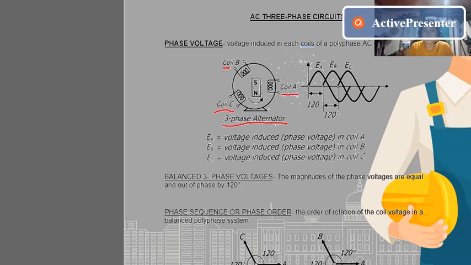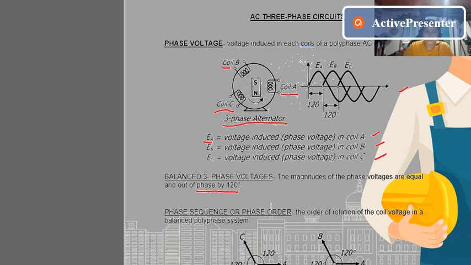EA is the voltage induced in coil A, which we can call the phase voltage in coil A, coil B, and coil C. In balanced three-phase voltages, the magnitudes of the phase voltages are equal and out of phase by 120 degrees. So the figure earlier shows balanced three-phase voltages.